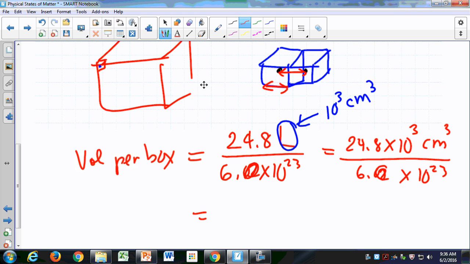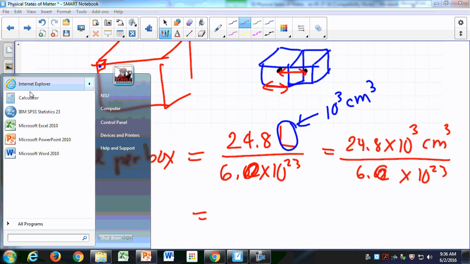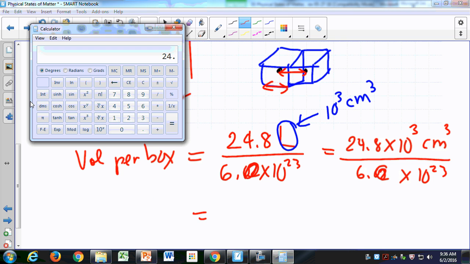So let's calculate that. 24.8 times 10 to the 3rd divided by 6 times 10 to the 23rd. And that gives me 4.1 times 10 to the negative 20.